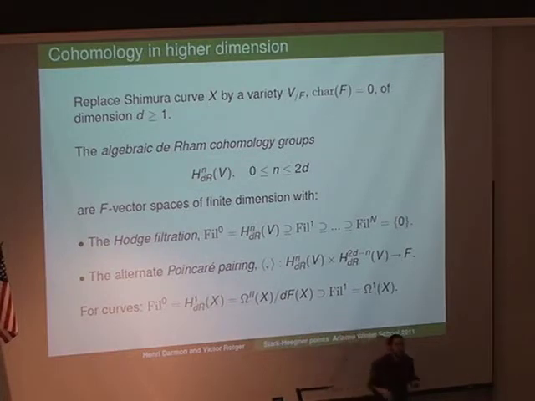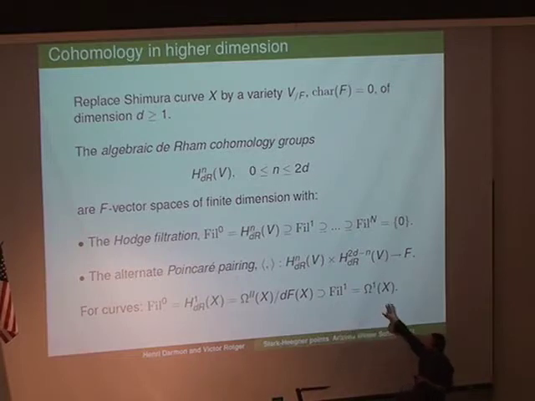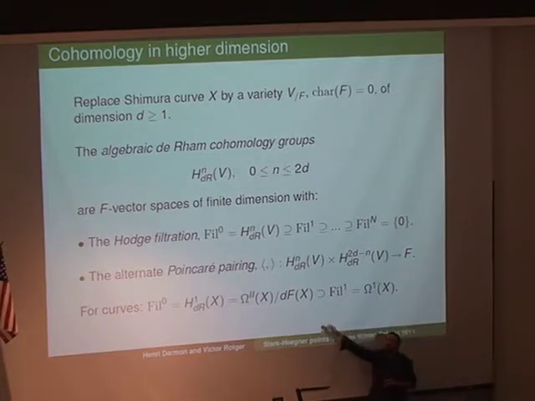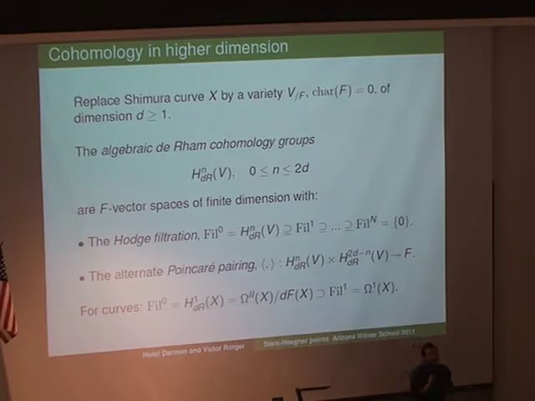There are many definitions, so the standard one would be in terms of hypercocycles, but for curves there is a very cute definition. If here we consider all regular differential 1-forms on the curve, here take not regular but meromorphic forms, so you allow poles on the curve, but the only thing you require is that this differential form is what people call of the second kind, which means that if it has poles at some finite points, the residues are all 0.